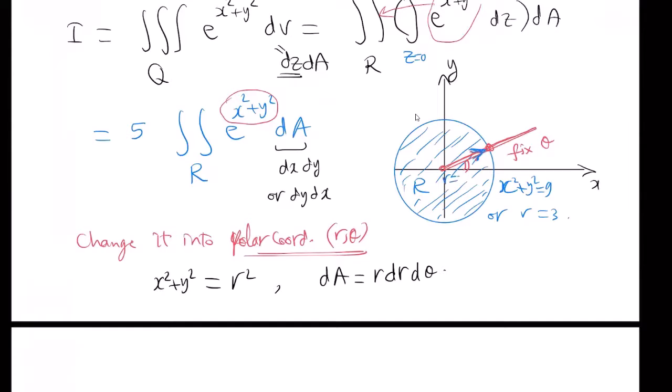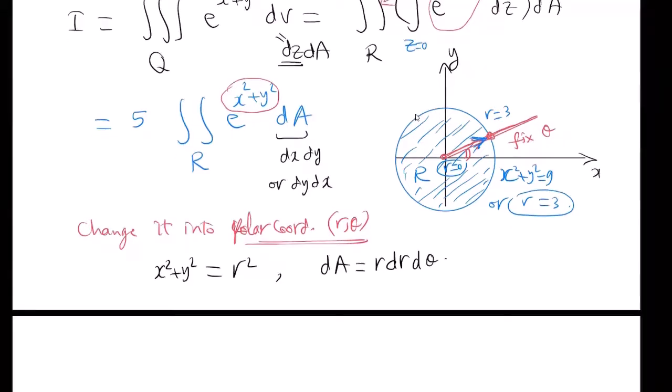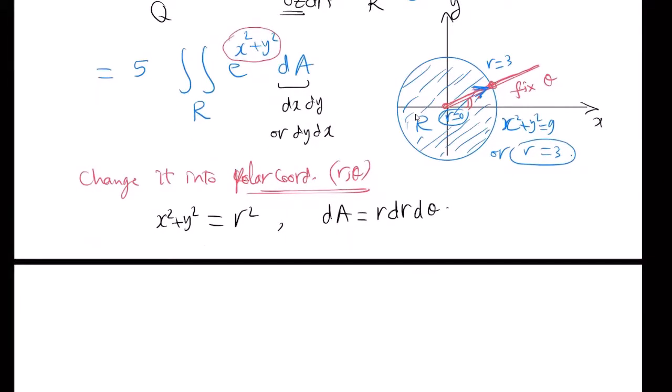Here r is 0. Here r is what? What is the equation of r on this circle at the end? It's r equals 3. On the cardioid or other complicated curves, it's a function of theta, not a constant function. So r will be from 0 to 3, and theta will move.